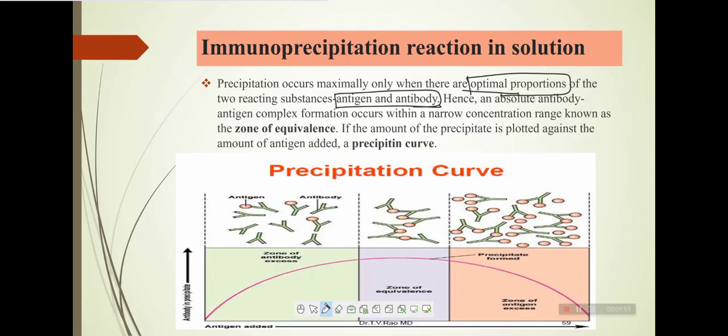It means the precipitation reaction will only take place when a fixed proportion of antigen and antibody are present in a solution, that is, when the ratio of antigen to antibody is fixed or optimum.